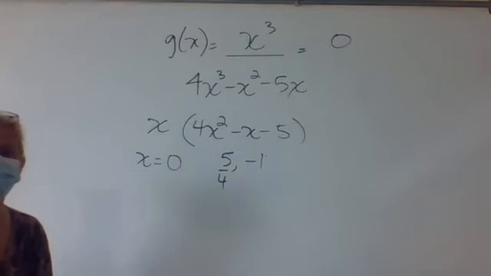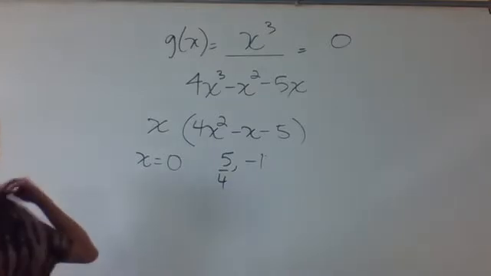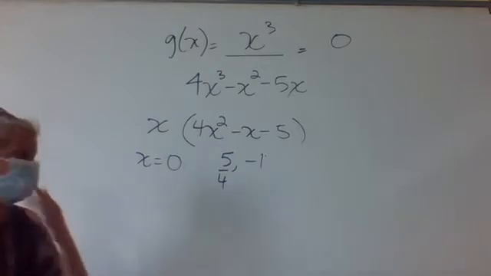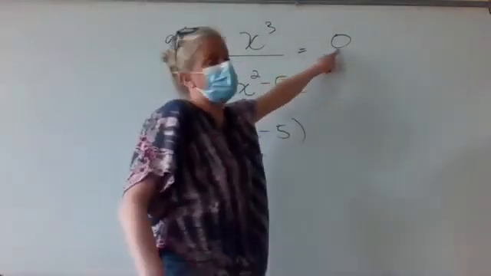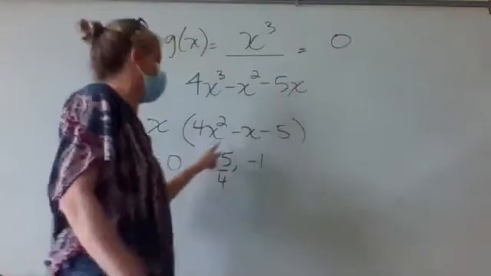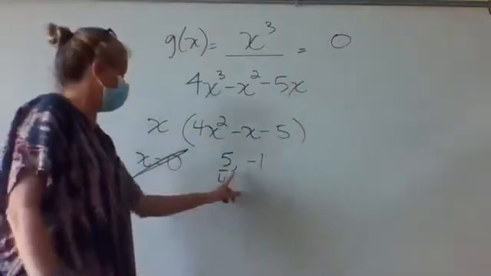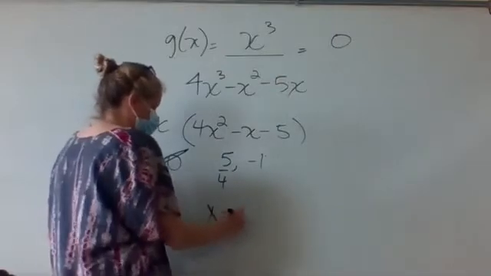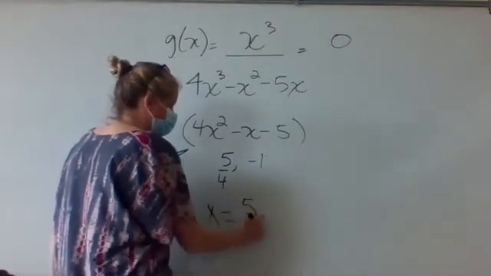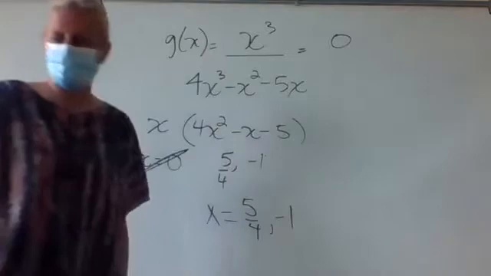So remember, vertical asymptotes are only zeros of the denominator that are not also zeros of the numerator. So since 0 is a 0 of the numerator, it cancels this one. So the only vertical asymptotes are at x equals 5/4 and -1.